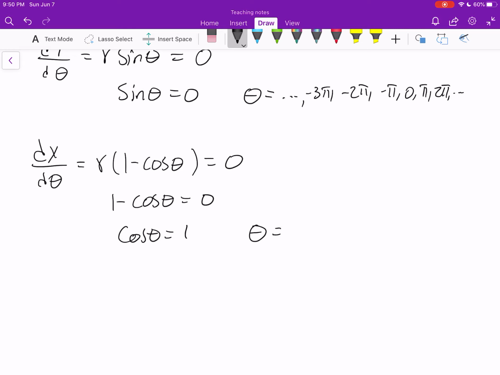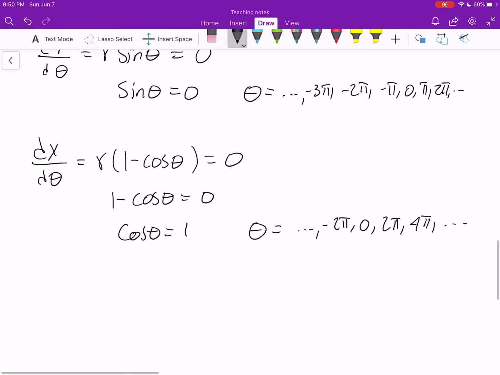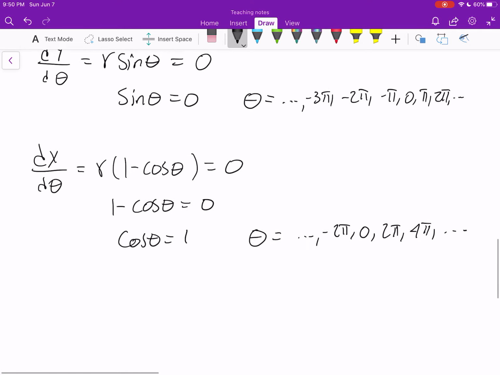So this continues off to minus infinity. We're going to have negative 2 pi, 0, 2 pi, 4 pi, and so on and so forth. So for any even multiple of pi, I'll have dx/dθ equal to 0.